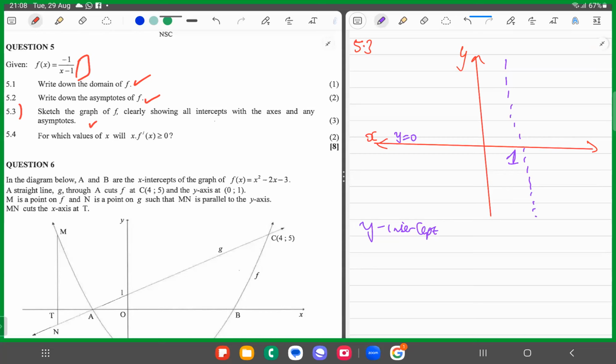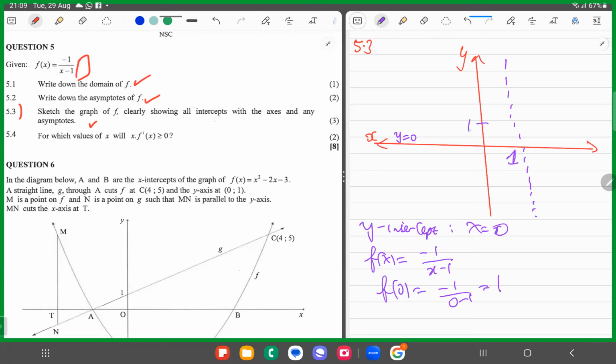Right, so the y-intercept. What is the y-intercept? You can make x 0. Okay, so now you have f of x equals -1 divided by x minus 1. So this is -1 divided by 0 minus 1, which is 1.